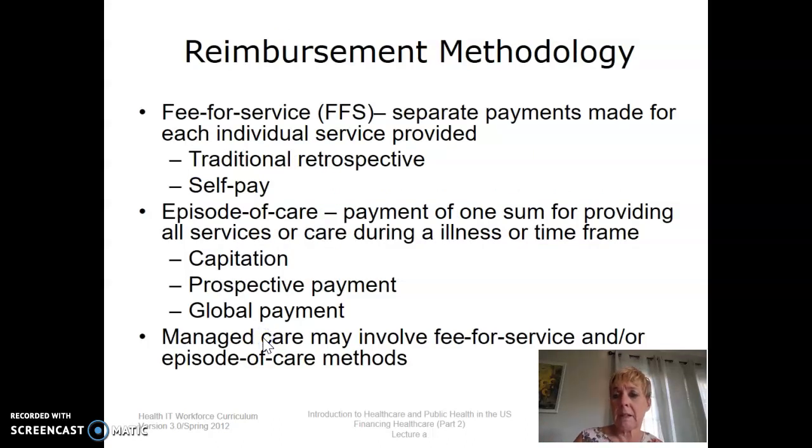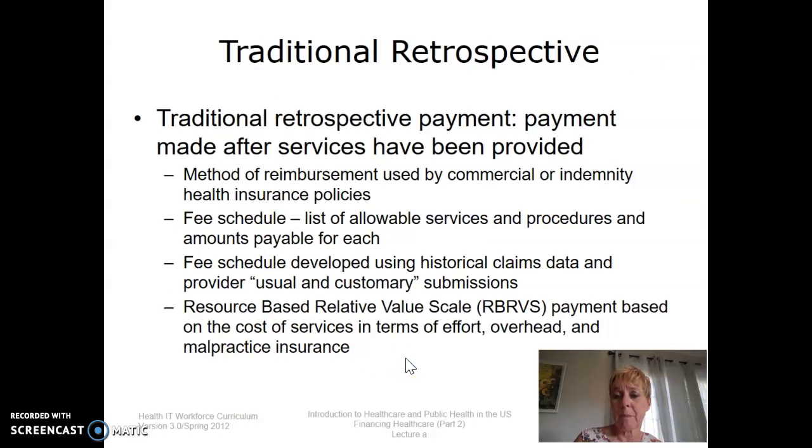So there's, again, another traditional retrospective, episode of care. Managed care may involve a fee for service or episode of care. Now, retrospect means looking behind. The traditional retrospective payment is payment made after the services have been provided.